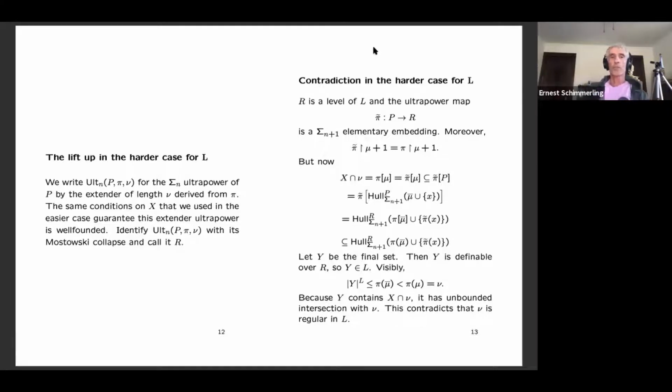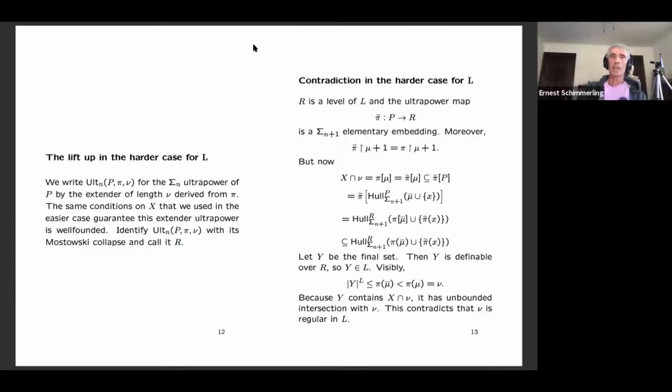So if you're familiar with that construction, then it's the one I'm using here, except that it's using Sigma n definable functions over P. Okay, and then the same conditions on X that I dwelled on before imply that this Ult_n is well-founded. And so I'll take its Mostowski collapse and call that R.